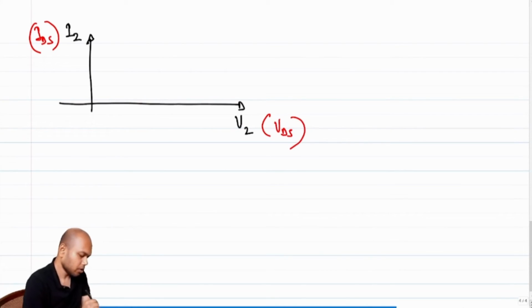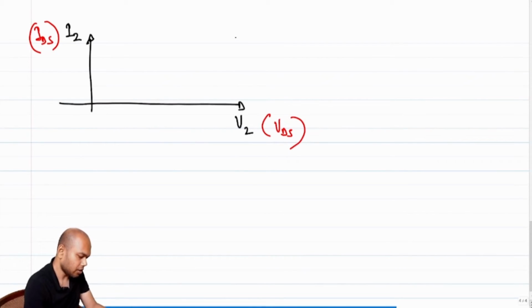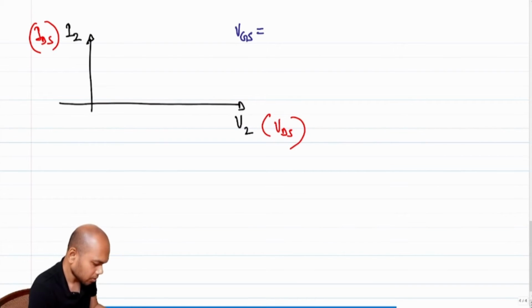We need to sketch the IDS versus VDS characteristics while keeping VGS constant. So let's say we sketch it for VGS equal to 2 volt.